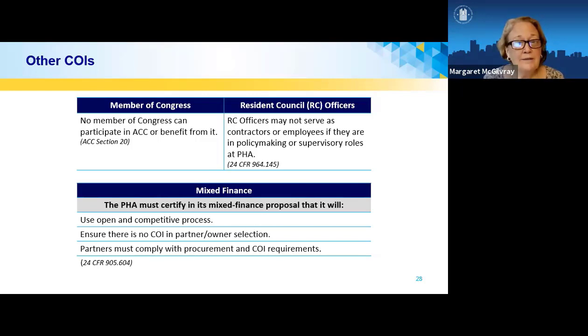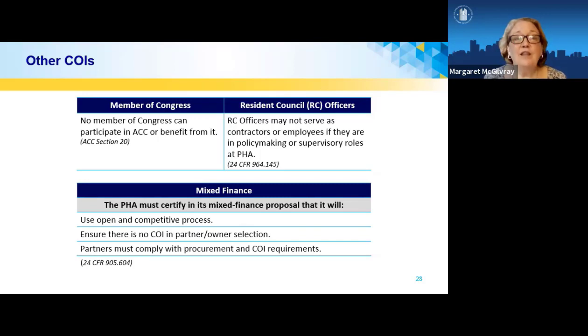Now, this is one that is oftentimes not known about, and so pops up: resident council officers may not serve as contractors or employers if they are in a policymaking or supervisory position at the PHA, which means basically as officers of the resident council, you weigh in on the PHA plan and you weigh in on other factors.